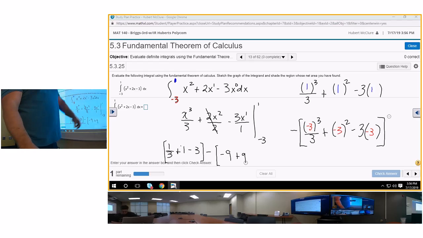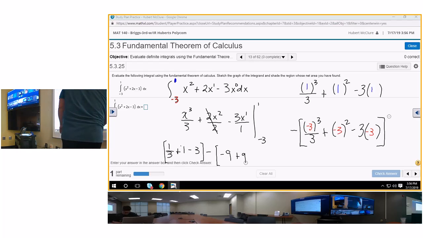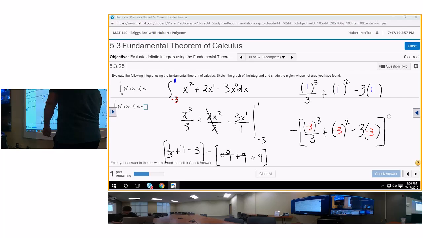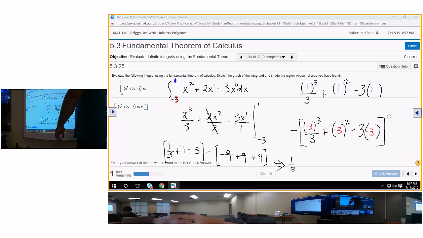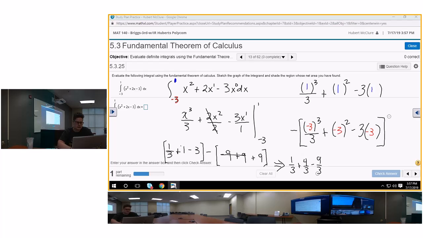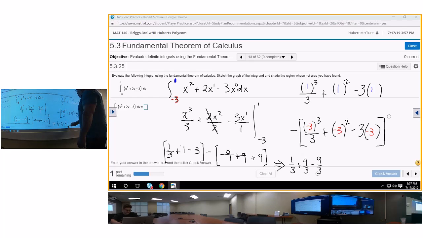And -3 times -3 is what? So what happens to the two 9s? They go out. You're left with -9. So this looks like, somebody check my math, 1/3 plus 4/3 minus 9/3. And that negative is going to make that, so I'm going to just put that right there, minus 27/3.